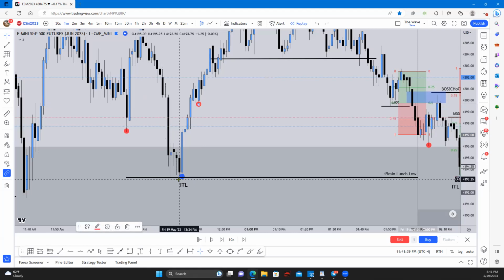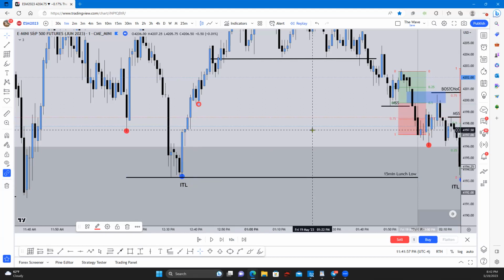Okay. So these two: a higher swing low to the left and a higher swing low to the right. The one in the middle becomes your intermediate term low. Okay. So these two lows make this the ITL.